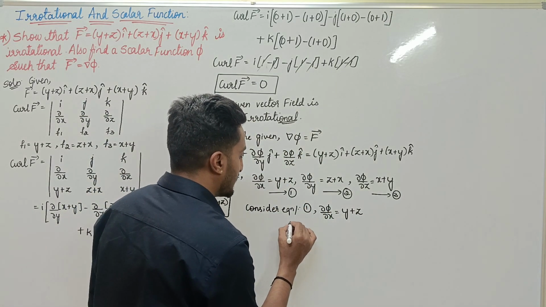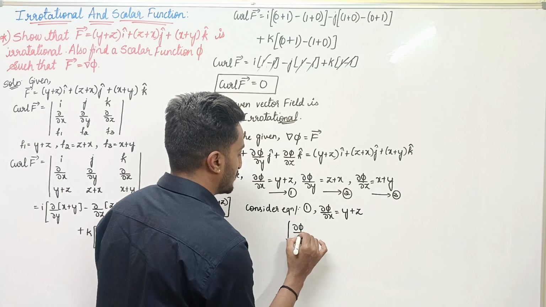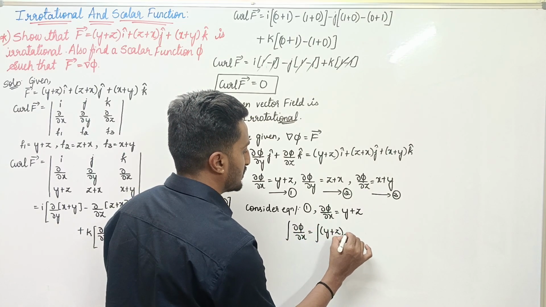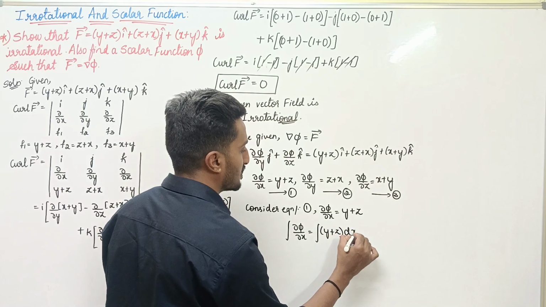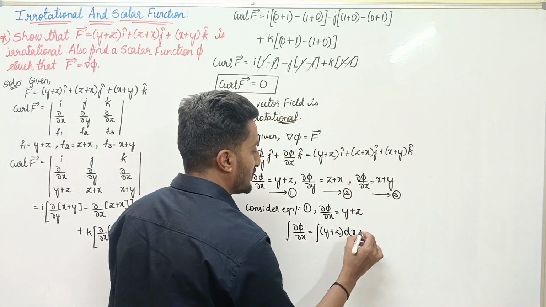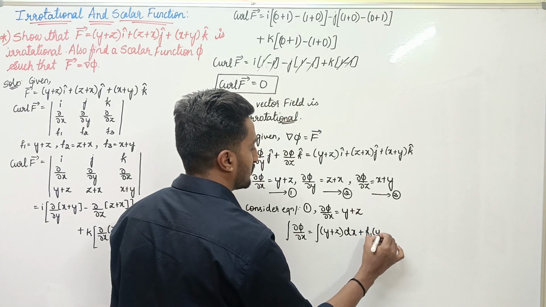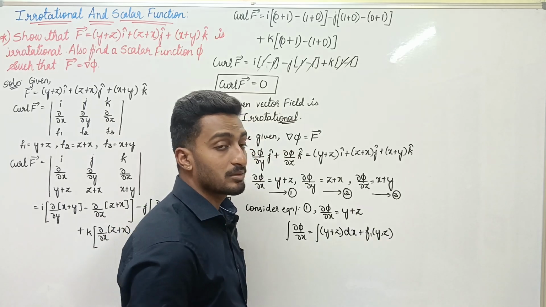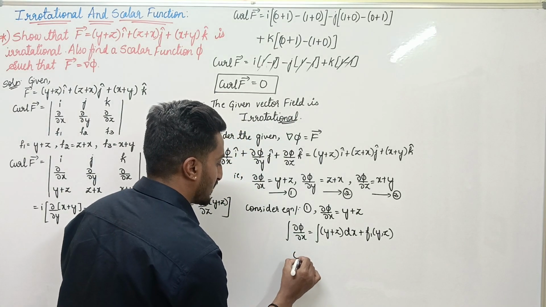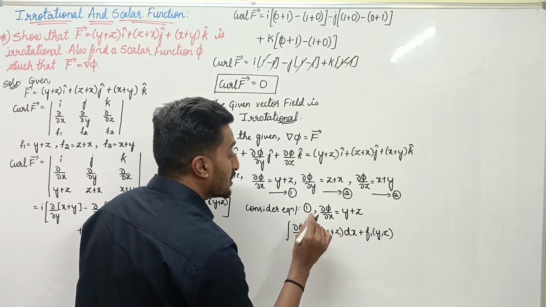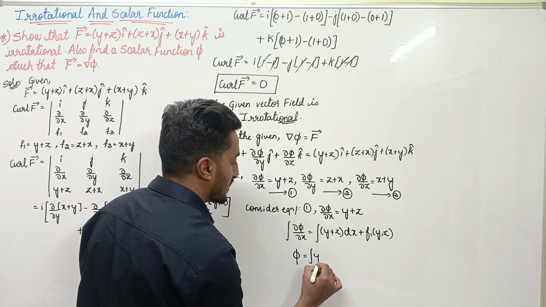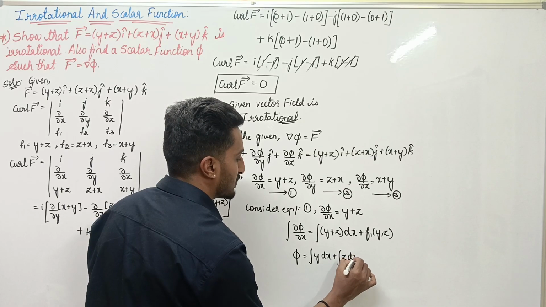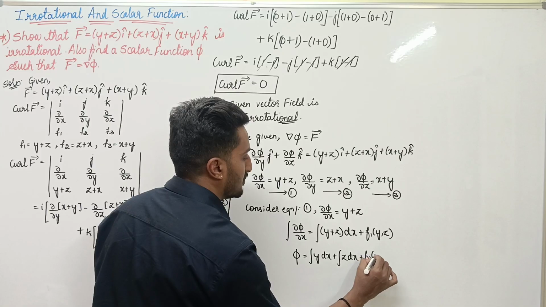That is, integral of del phi by del x equals integral of (y plus z) dx plus the constant function f1 of y comma z, since I am integrating with respect to x, y and z are constants. Now split the terms: integration of y dx plus integration of z dx plus f1 of y comma z.